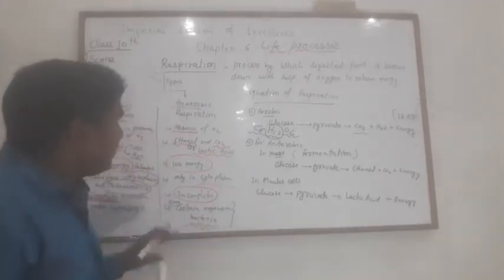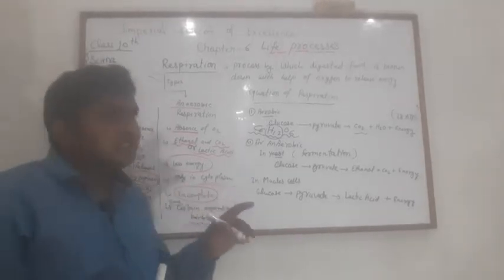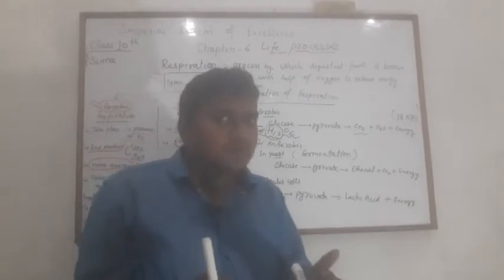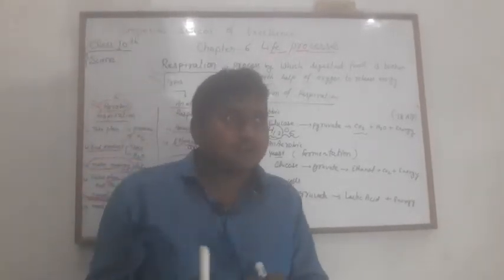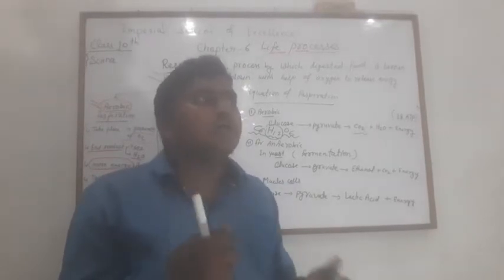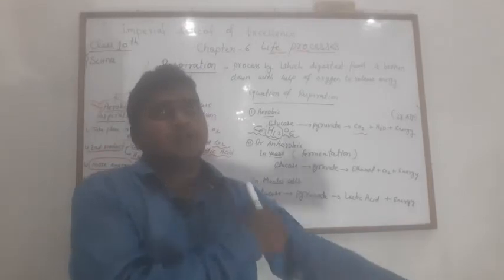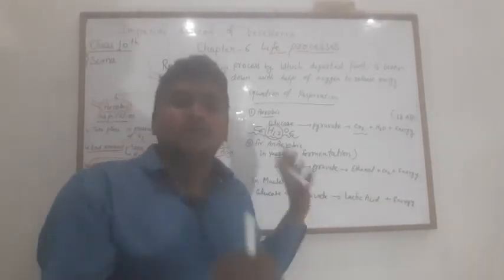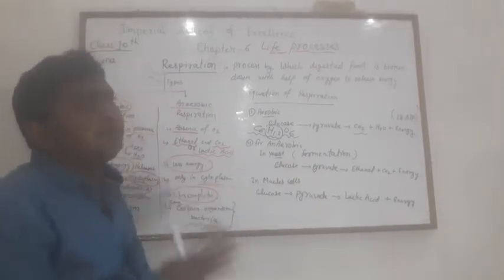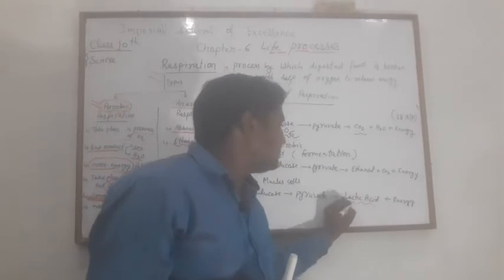This anaerobic respiration happens in bacteria. In another case, in human beings, if someone does excess exercise, then inside the muscle there will be this type of respiration, anaerobic respiration, due to which lactic acid is formed.